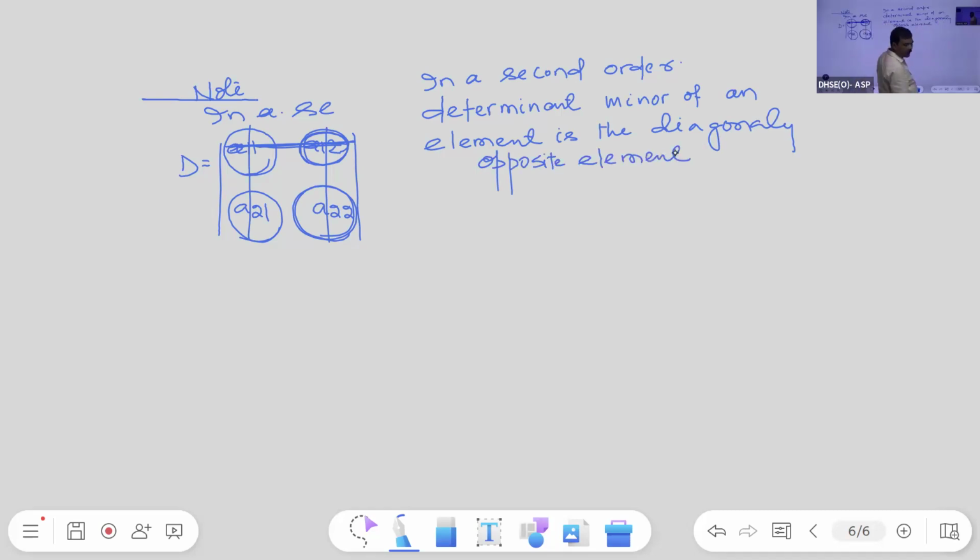In a second order determinant, minor of an element is the diagonally opposite element.